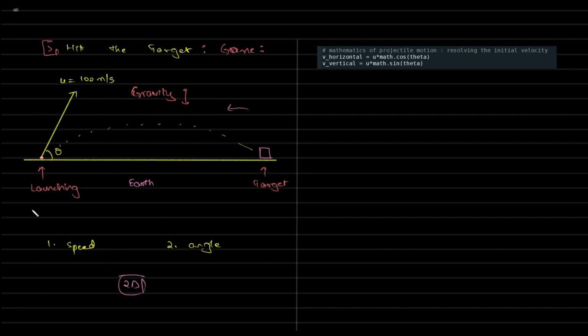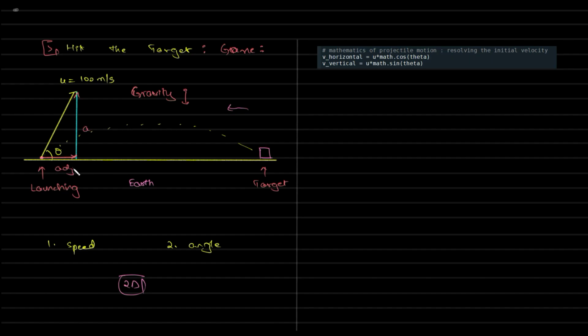Vertical and horizontal. So the thing is, when you launch something, you can talk about its vertical speed and horizontal speed. So this is your horizontal speed, and this is your vertical speed. Horizontal speed is the opposite side of angle theta, and vertical speed is, sorry, no, I told it wrong.